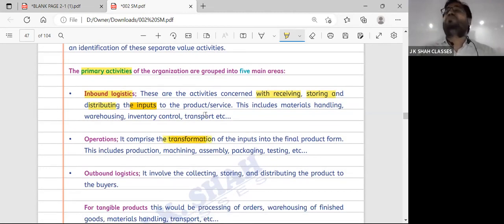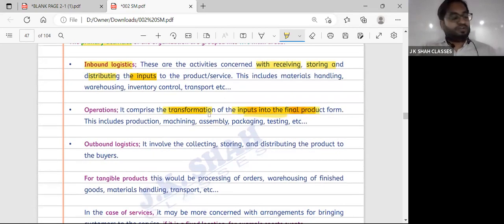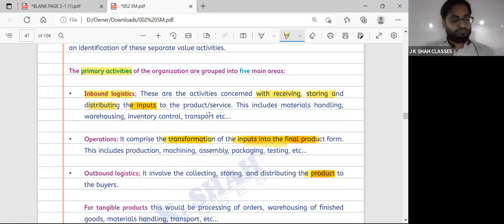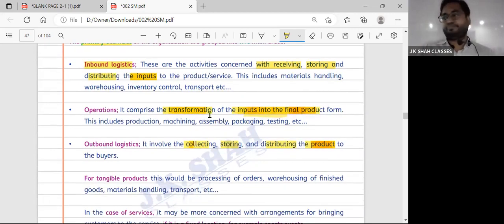Transformation. Transformation of what? Operations means transformation, changing from raw material to finished goods. Outbound logistics, product. Product means finished goods. That is collecting, storing, distributing. Finished.